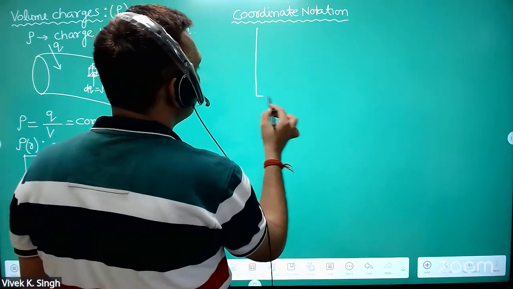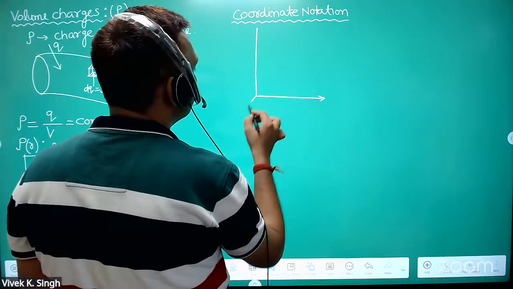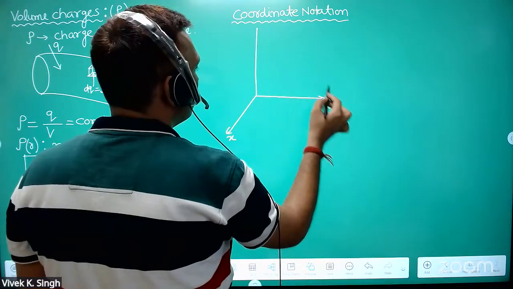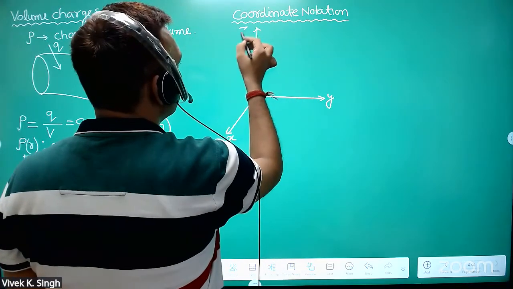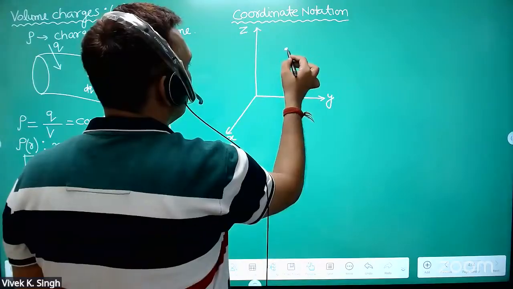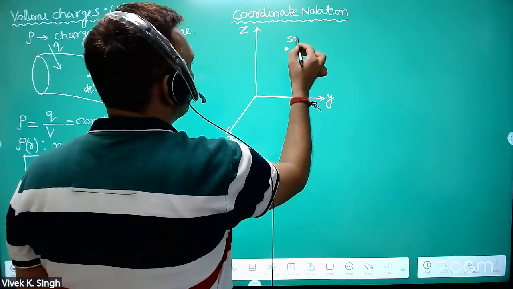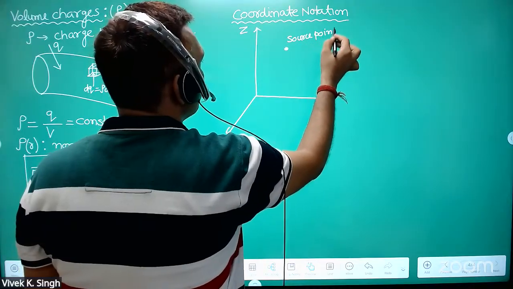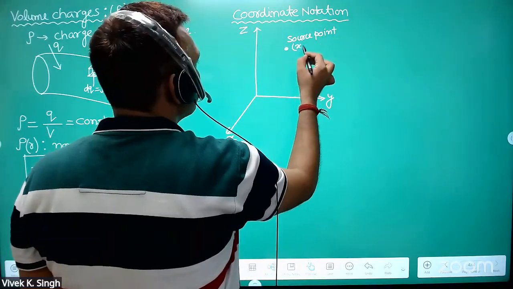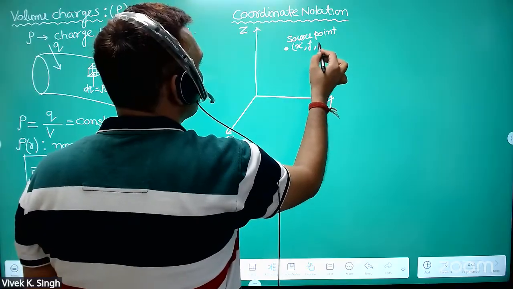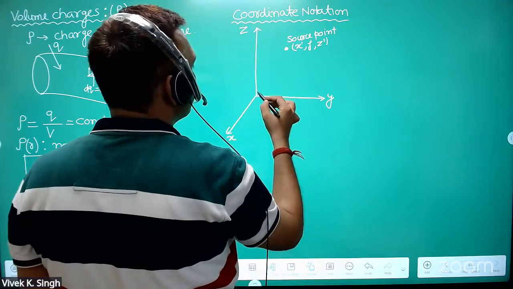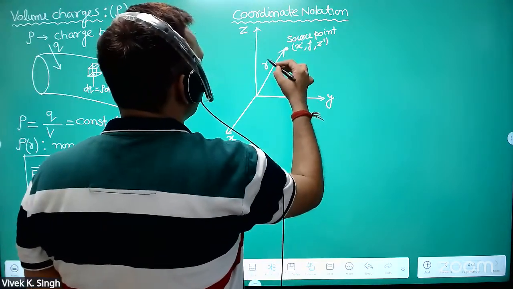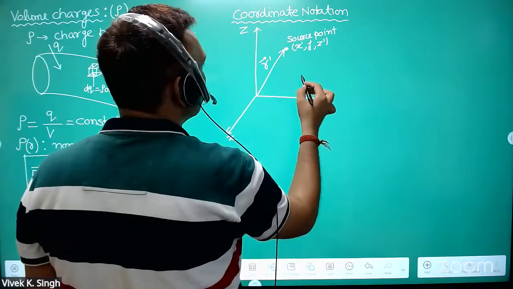So we will use this coordinate system. If this is X, this is Y, and this is Z, let's say this is the source point where the charge is located. The source point's position vector is x dash, y dash, z dash, and this position vector is given by vector r dash.